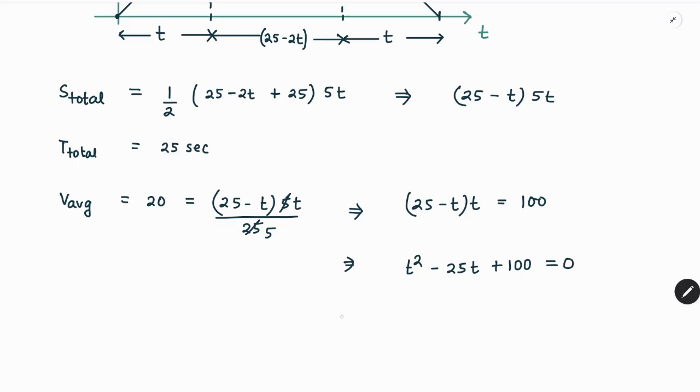If we solve this expression, we get t equals 5 seconds.